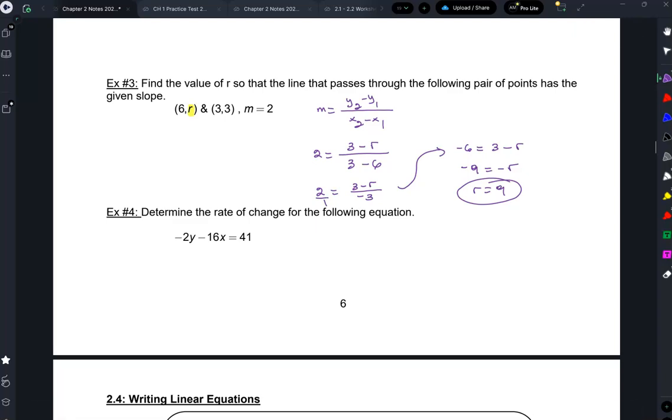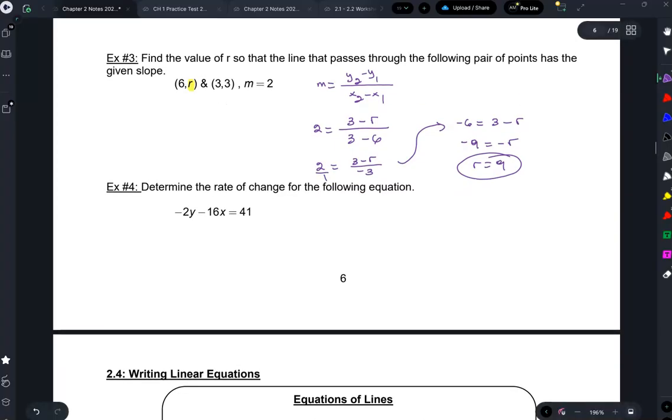Rate of change. When you have to find rate of change from an equation, you have to write it as y equals first. So write it in y equals mx plus b form. Okay, so here we go. -2y equals 16x plus 41. y is -8x minus 41 over 2.